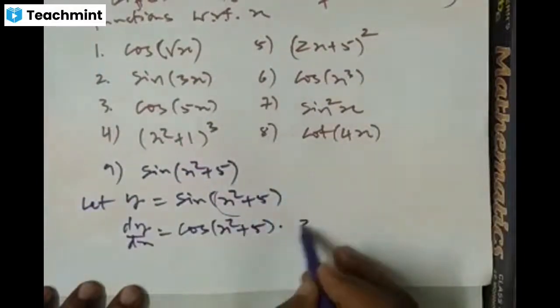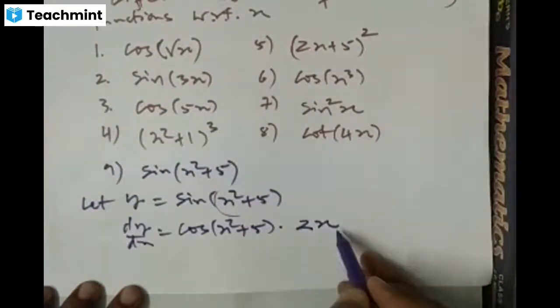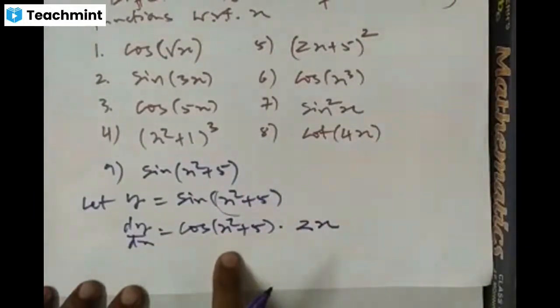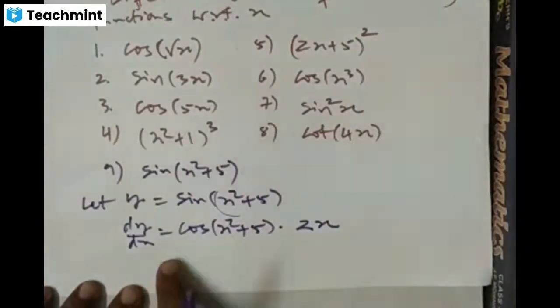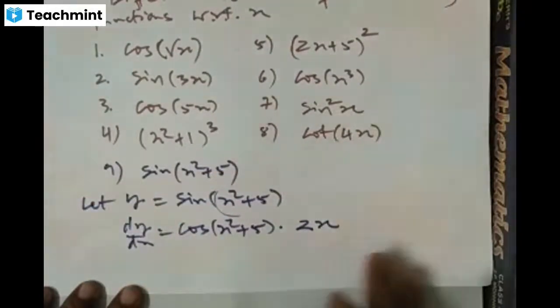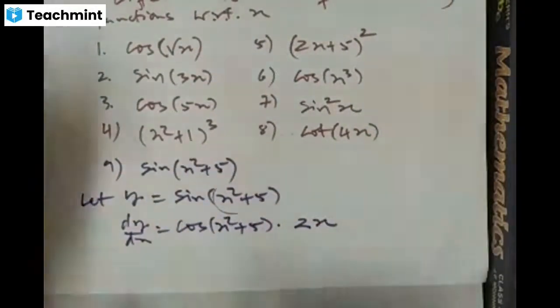What is that? 2x plus 0. So 2x plus 0 is 2x. I have written dy by dx directly here. Okay. If you are comfortable, you can write the answer in one step. Understood? So next, 10th one.